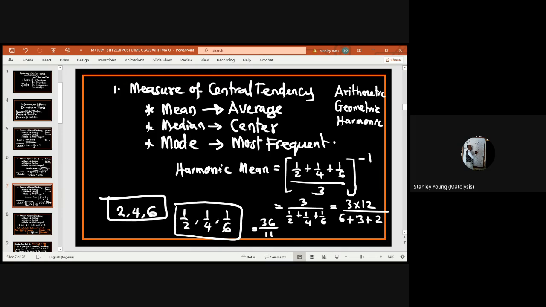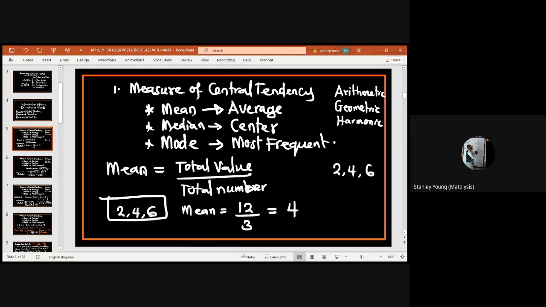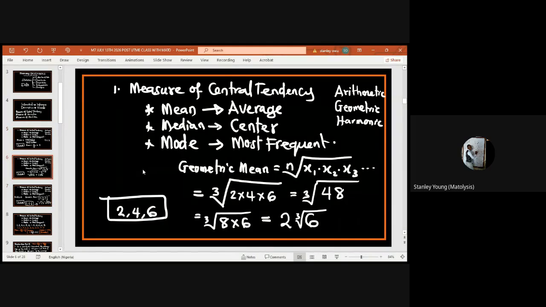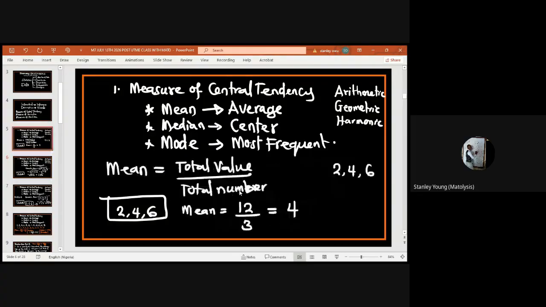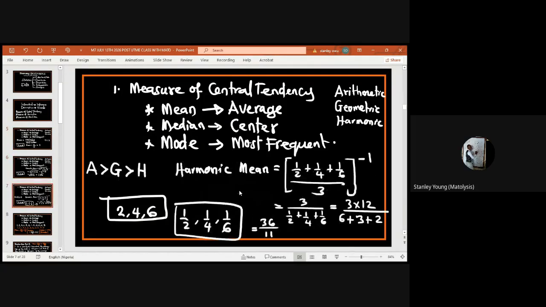And generally speaking, arithmetic mean is usually greater than geometric mean, and geometric mean is usually greater than harmonic mean. You can figure that out. In our arithmetic mean, we got the value as 4. In our geometric mean, we got the cube root of 48. You can press that in the calculator. You realize that it will be less than 4. Then in harmonic mean, we got 36 over 11.